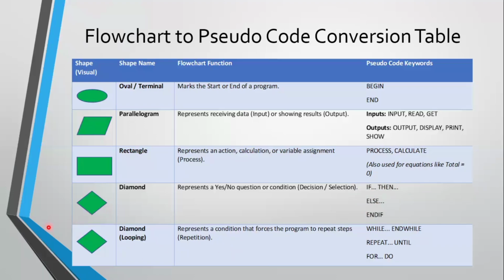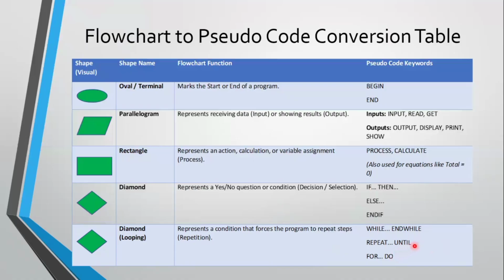Okay, when you see a diamond with an arrow that loops back up to an earlier step, it represents a repetition, right? Depending on the textbook example we discussed earlier, we use while or repeat keywords.